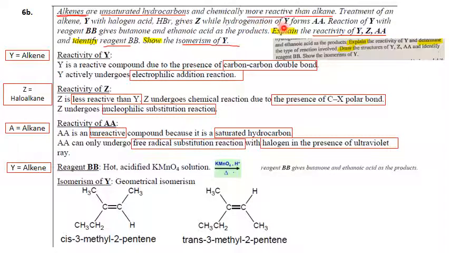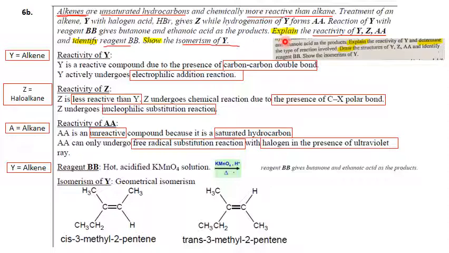While hydrogenation of Y, so 2 atoms of hydrogen will be added. So this is addition as well, forming AA. Reaction of Y with reagent BB gives butanoic acid and ethanoic acid. So the alkene which will give butanoic and ethanoic acid, this is oxidation, KMnO4/H plus, heat, as the reagent.